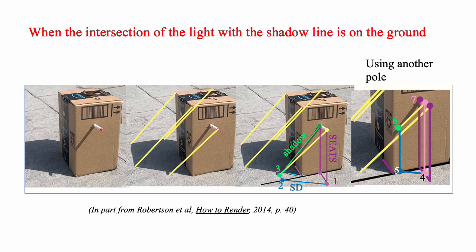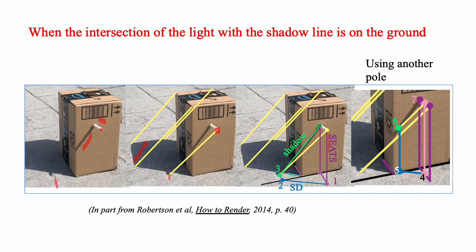This is the horizontal pole that casts this diagonal shadow on the box and this little shadow on the ground. So let's try to find these. First, draw the light ray so we know the direction of the light, including a light ray from the tip of this pole to the tip of its shadow.